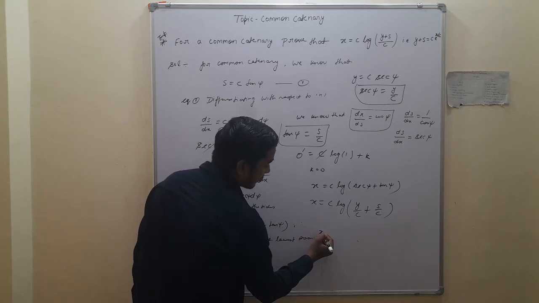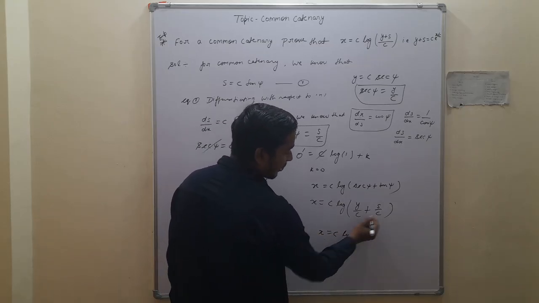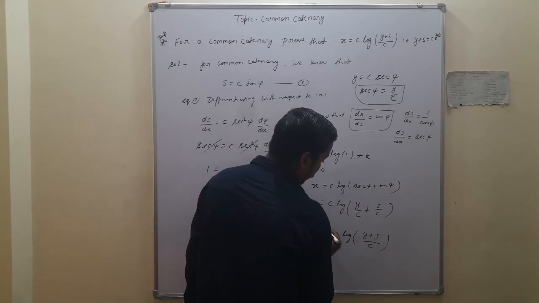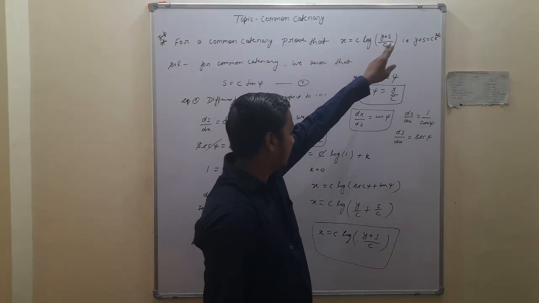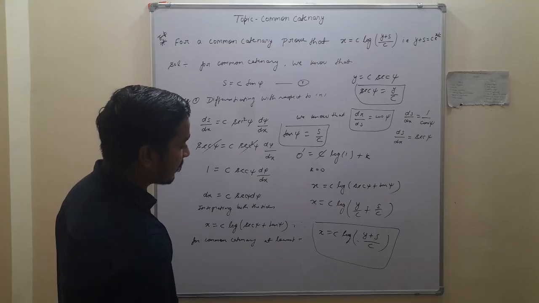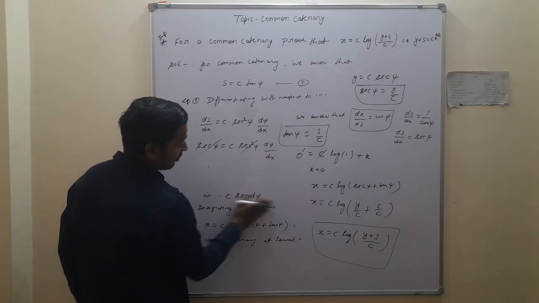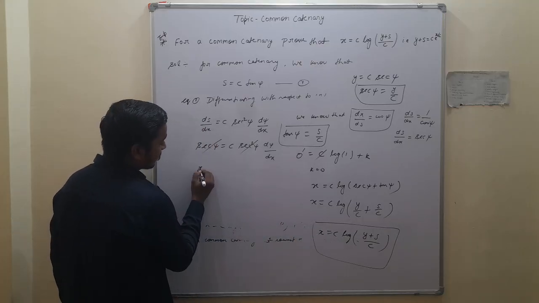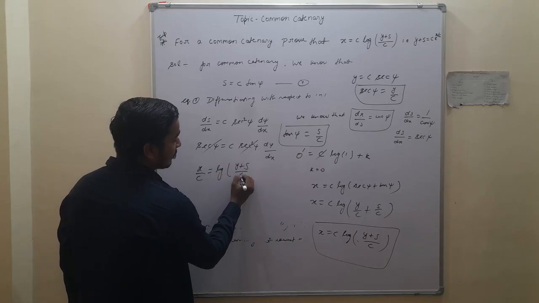we get x is equal to c log of, taking the LCM c, y plus s upon c. This is the first part: x is equal to c log of (y plus s) by c. Further, x by c is equal to log of (y plus s) upon c.